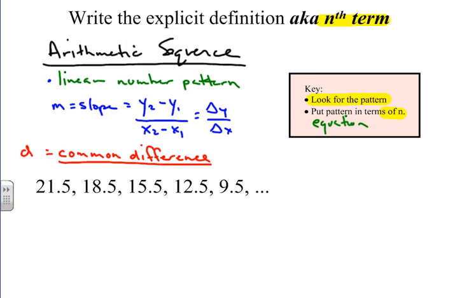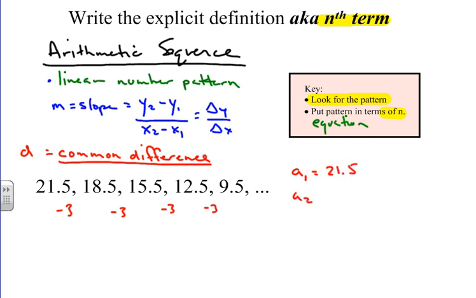Now, if you notice this right here, you can see it's 21.5, 18.5, 15.5, 12.5, 9.5, dot, dot, dot. I want to look for the nth term. Well, if you're good and you notice this, you probably noticed that it appears I'm subtracting 3 each time. So if I would write this out, my first term is 21.5.